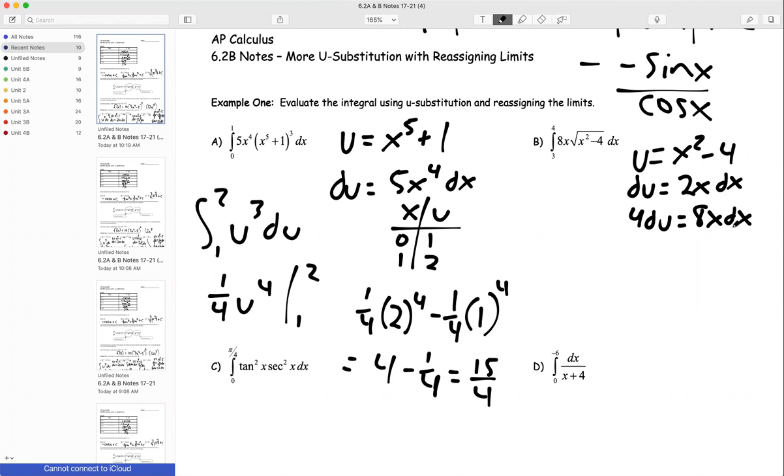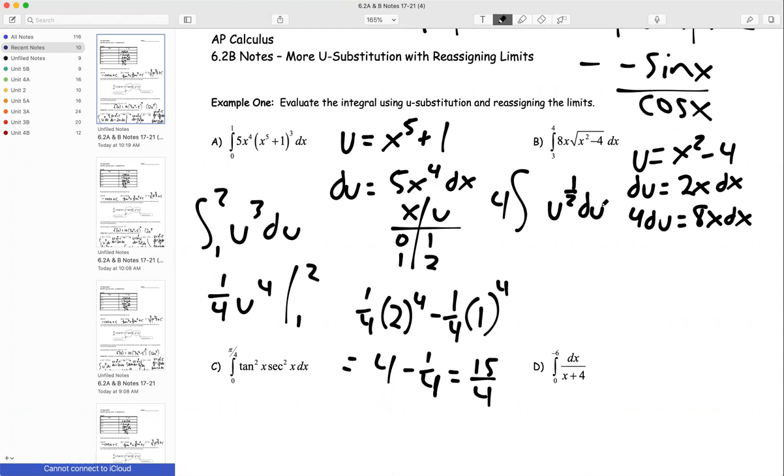Okay, so when I match these up here, I can take the 4. You don't have to do this, but if it makes it a little bit easier, that's fine. I can take the 4 and move it out. It's a constant. And I'm going to be left with the square root of u, which is u to the 1/2 du.